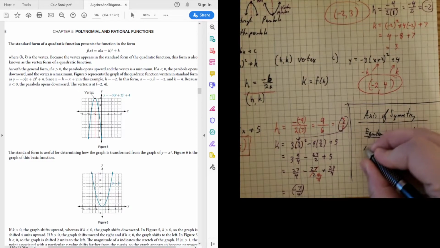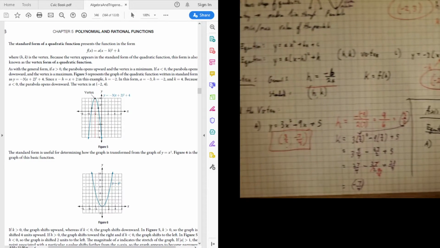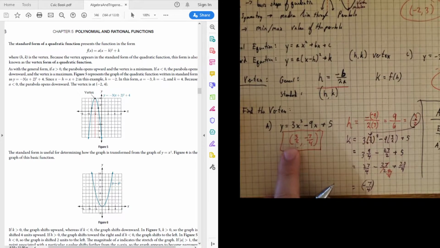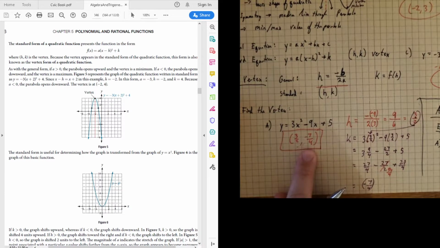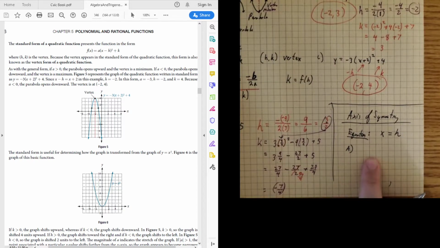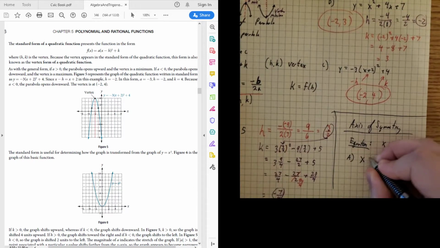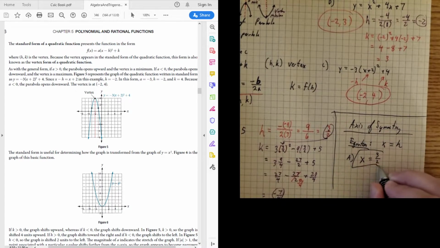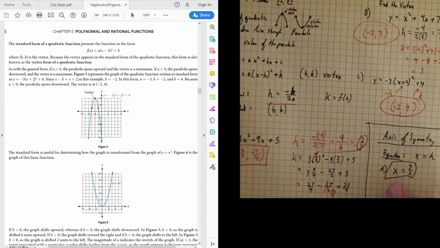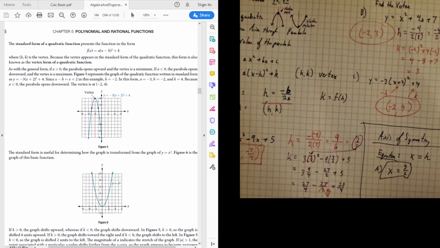So, if we look back at A, my point was 3/2, comma, negative 7/4. So my axis of symmetry would be x equals 3/2. It's just the h term written as x equals. And notice this is not like algebra, the variable x equals 3/2. This is the equation x equals 3/2, which from last chapter means this is a line going up and down through 3/2.